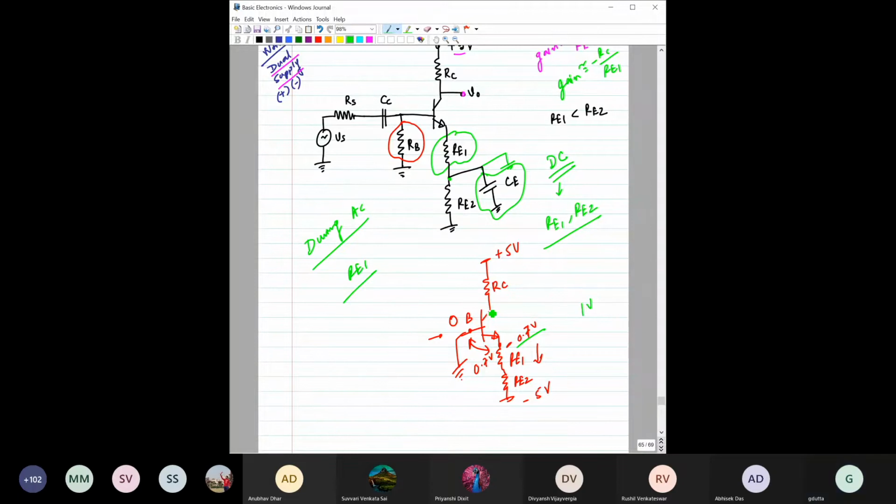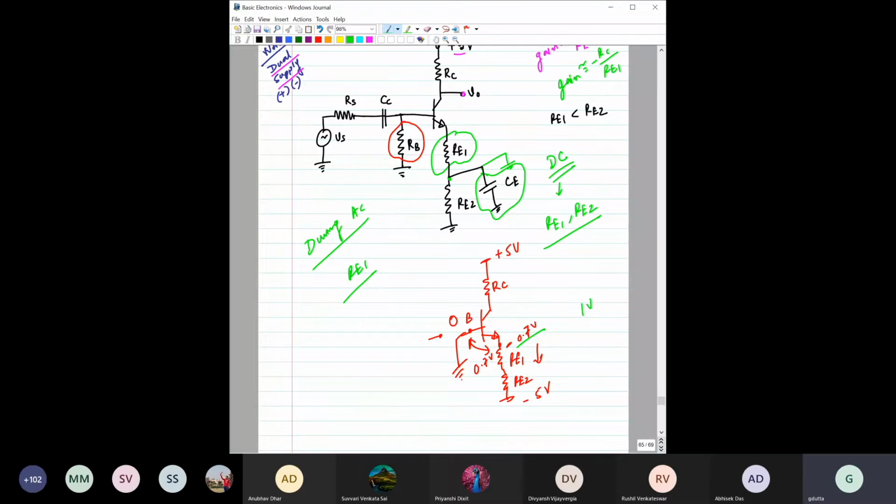So you have to make sure that this voltage is minus 0.7. I think we have also done this type of analysis, where we considered the base grounded for this type of dual supply. It was also there in one of the practice papers.